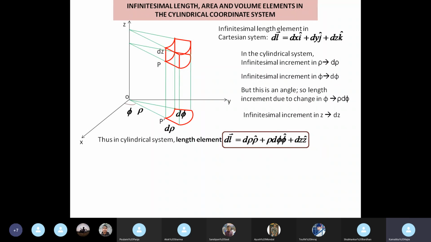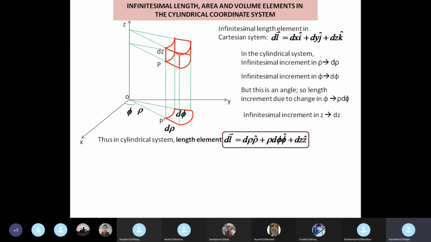Clear? So can you imagine this? See, this surface here, the inner surface that has been generated, lies on the surface of a cylinder whose radius is rho. And this outer surface, on the outer edge, lies on the surface of a cylinder whose radius is rho plus d rho.